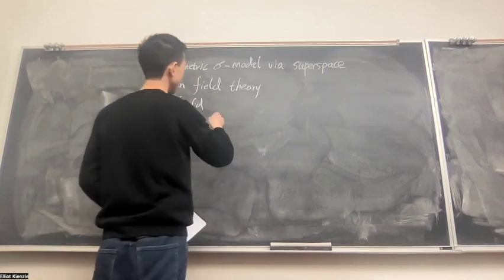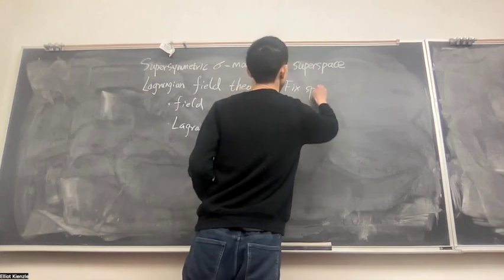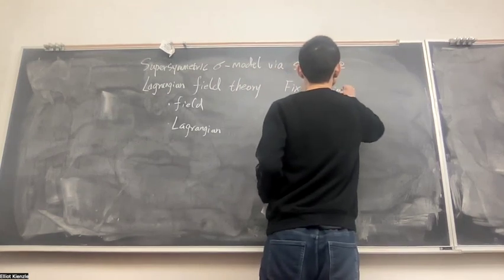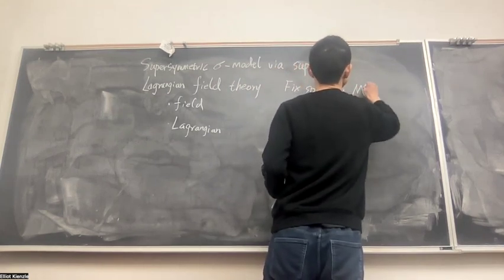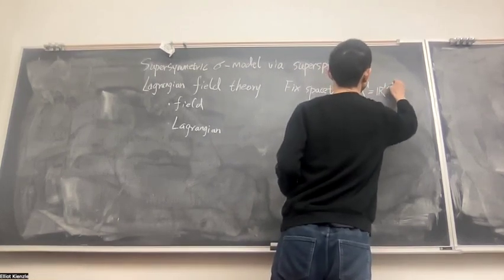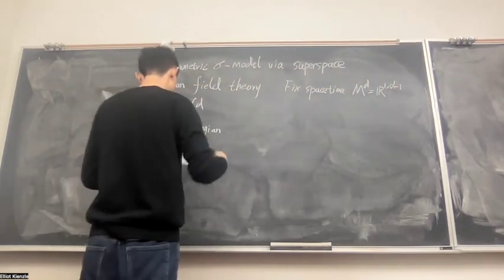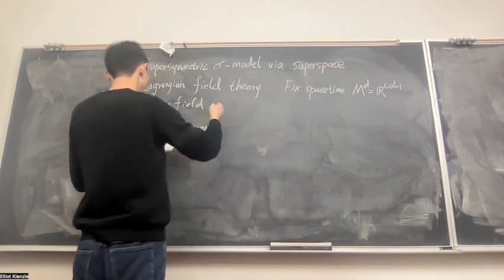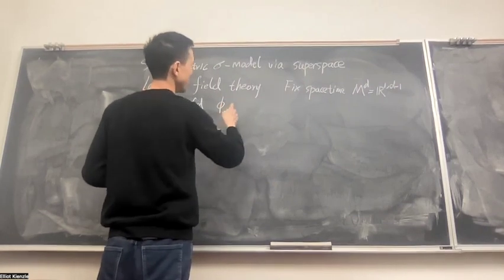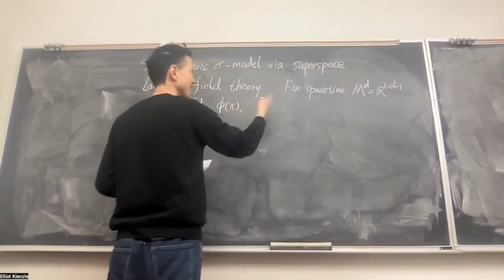So we pick some spacetime, let's call it M, which is going to have Minkowski signature, and fields are just functions on your spacetime.